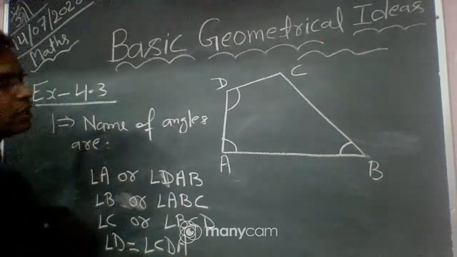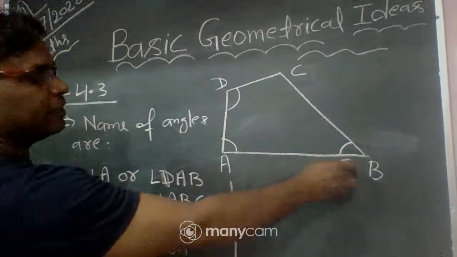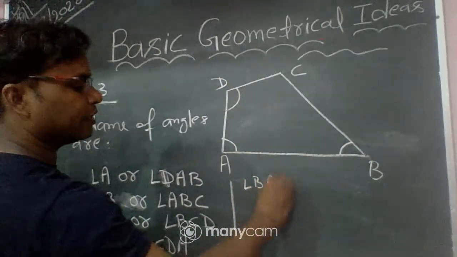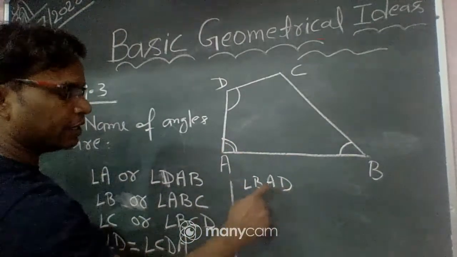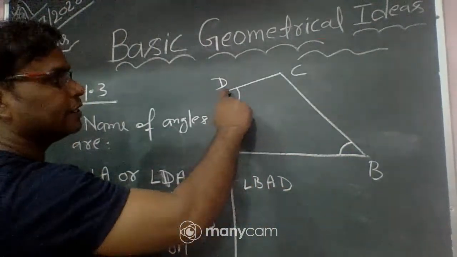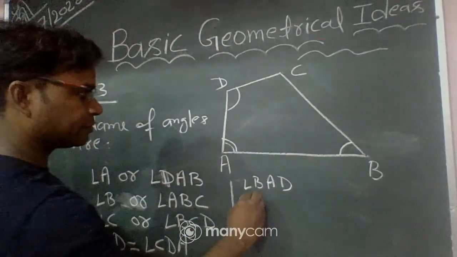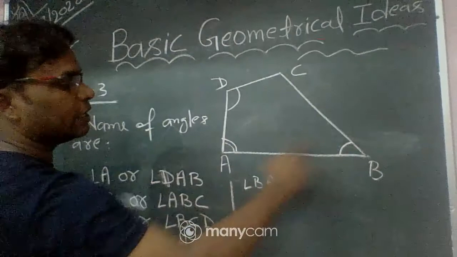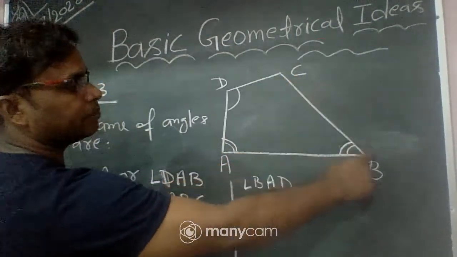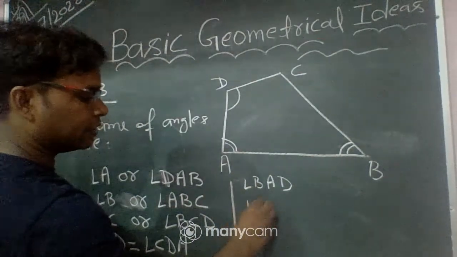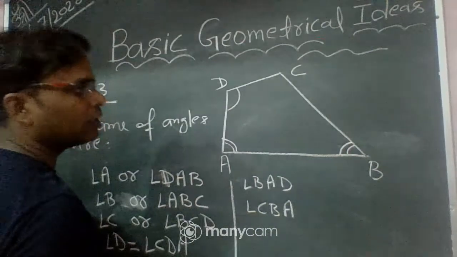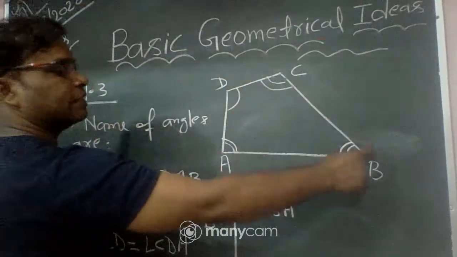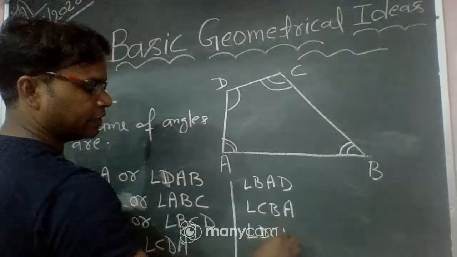Or you can write angle BAD, or angle ADC. For angle B you can write angle CBA. Now for angle C you can write angle DCB.